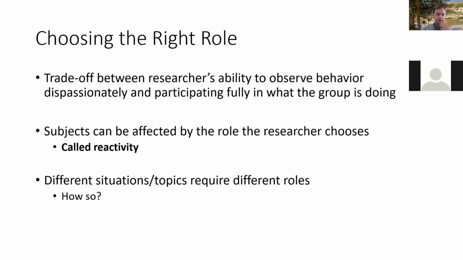With Gang Leader for a Day, the researcher in question had long-standing connections with these gang members. He'd worked with them in the field before, they knew him, they trusted him. So he was able to leverage that trust in order to conduct his research, okay?